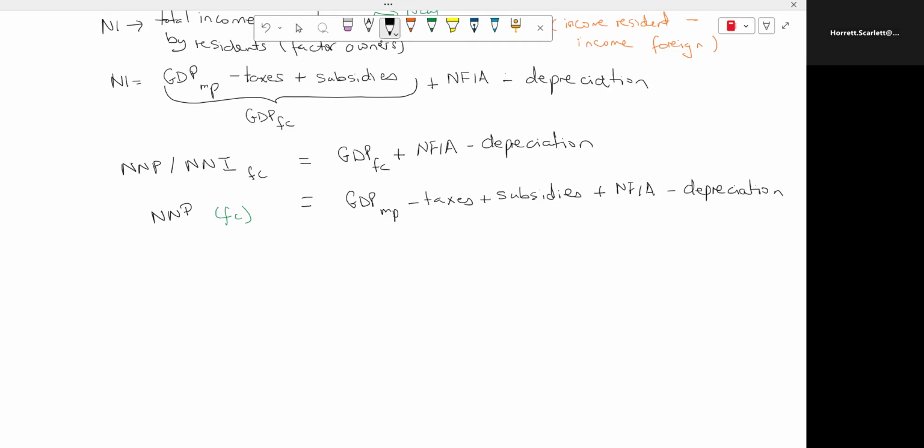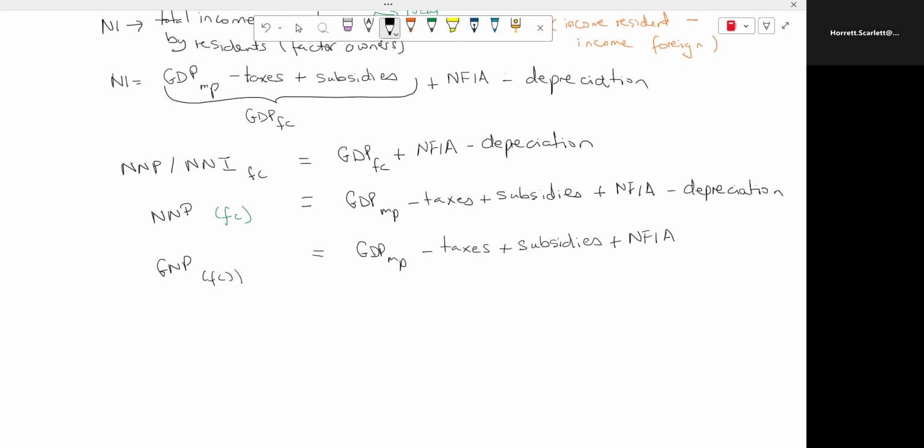Now, in terms of our gross national product, once again, we're still talking about at factor cost. Then this will simply be equal to, in the expanded form, GDP at market price minus taxes plus subsidies plus we account for the net factor income from abroad, and we leave the depreciation inside of the value.